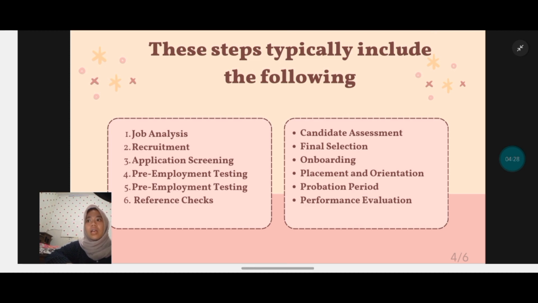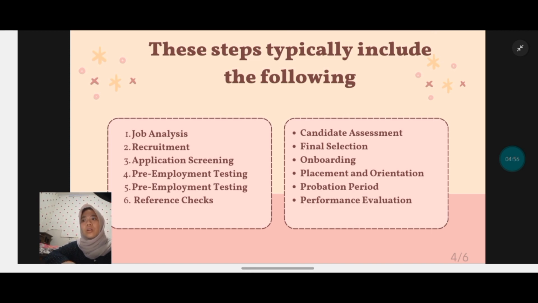Consider factors like qualifications, skills, experience, culture fit, and the results of assessments and interviews. Next, job offer. Extend a job offer to the selected candidate. The offer should include details about the job, compensation, benefits, and other relevant terms and conditions.